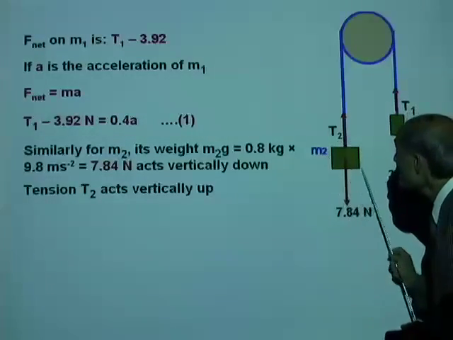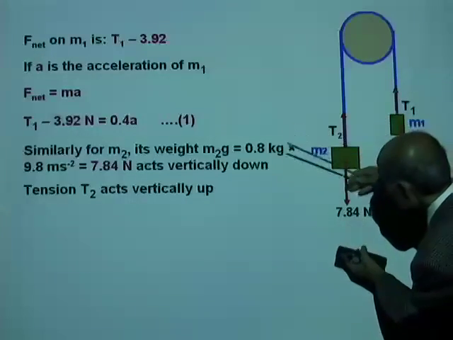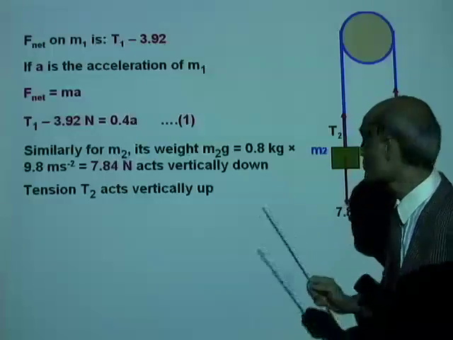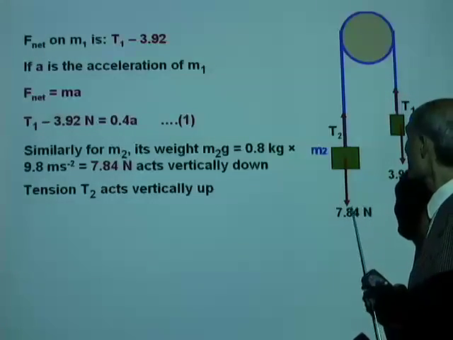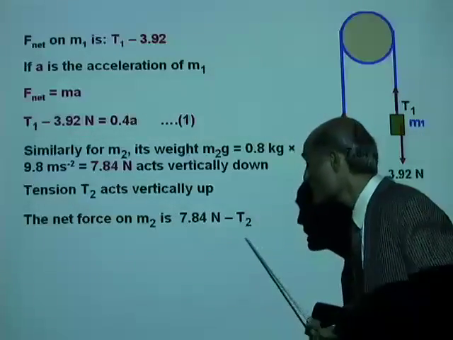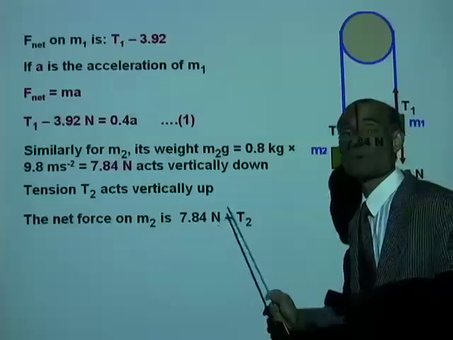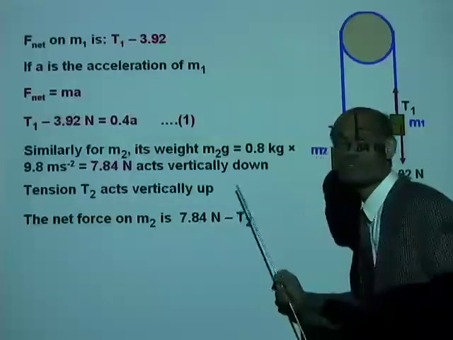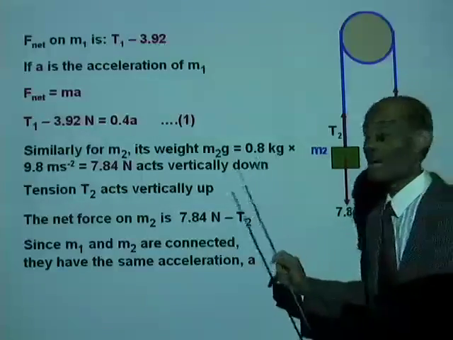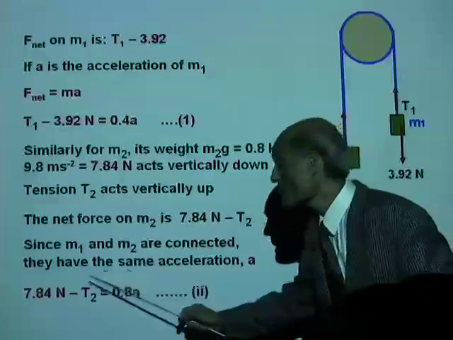So what is the net force on the mass M2? Since the mass M2 is moving down, we would say the magnitude of the net force is 7.84 Newton minus T2. So this is the net force, 7.84 Newton minus T2. And this net force produces an acceleration on M2 such that F net equals M a.